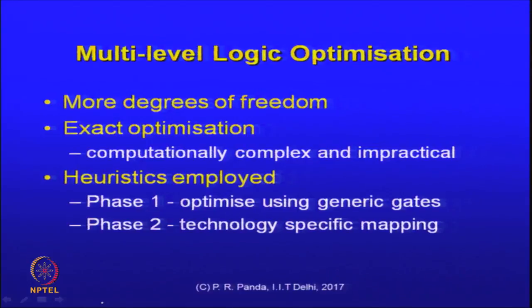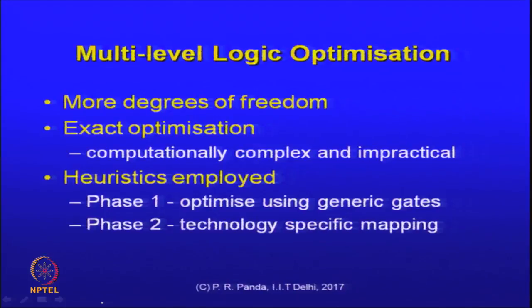Generic gates means that we do not necessarily take into account the detailed physical properties of the gates in terms of area or timing and so on, but just treat these as generic two-input NAND gates and OR gates and so on. And the optimization is done in terms of those generic gates in the first phase.